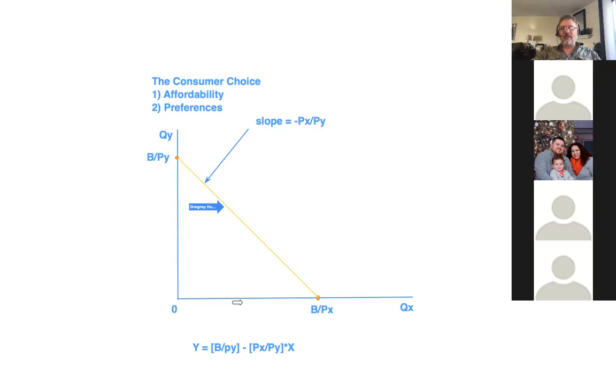This is the opportunity cost of additional X. And notice, the inverse of this would be, if we flipped the axes, the multiplicative inverse of this slope, so it'd be py over px, and that would tell us, for each additional unit of y, how much X the consumer had to sacrifice in terms of what they could afford.